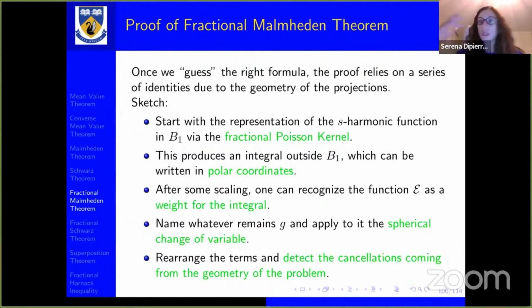The rest was really clever manipulations of the integral and the application to a suitable function of the spherical change of variable that we did. So here it is similar, but the idea is that you have to prove that that expression is equivalent to the one with the fractional Poisson kernel. That's the game that you want to play.